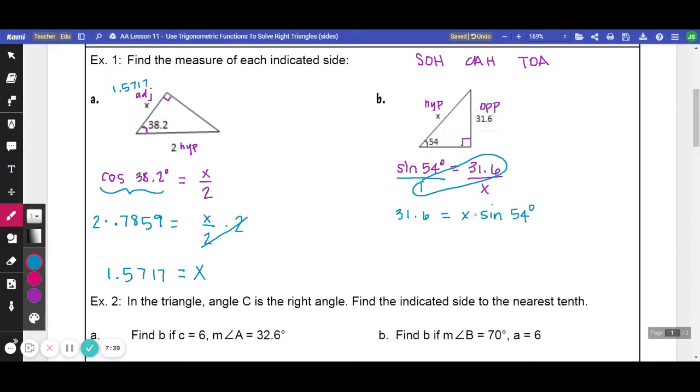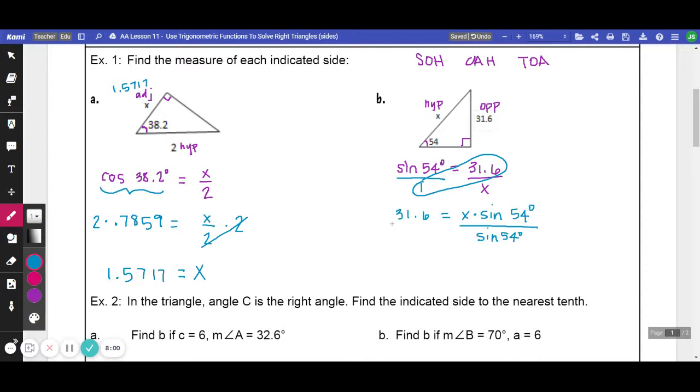So now you have x out of the denominator. We do not like solving when x is in the denominator. That does not go well. Now this is x times sine of 54, so we need to divide by sine of 54 to isolate that x.